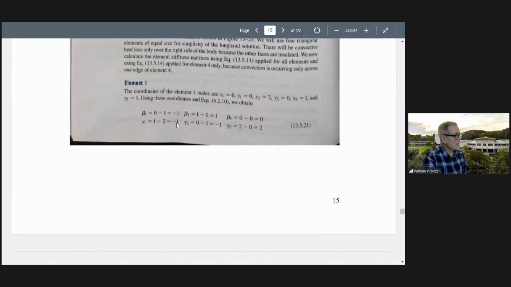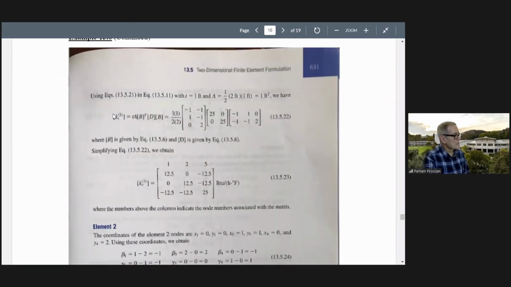This is B transpose D B. This is D B. This is B. Multiplying, we get this one, and these are the degrees of freedom, 1 to 5. This is for element 1.